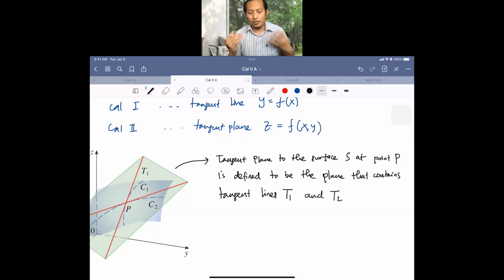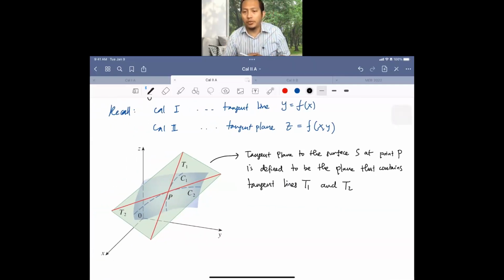Now we need to develop more concise, more thorough equations for the plane.